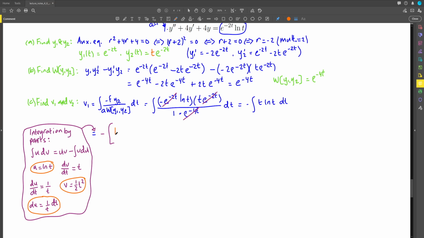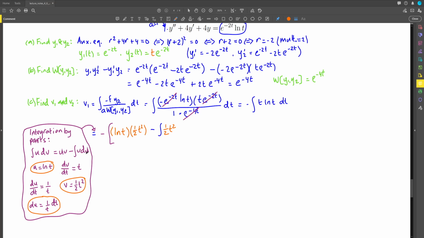So that gives us u equals ln of t times v, which is 1/2 t squared, and then minus the integral of v, which is 1/2 t squared, and then times du.